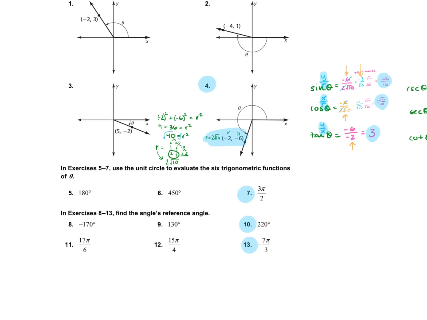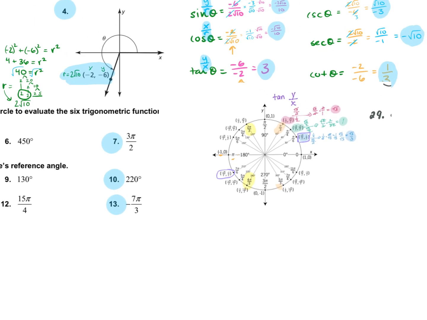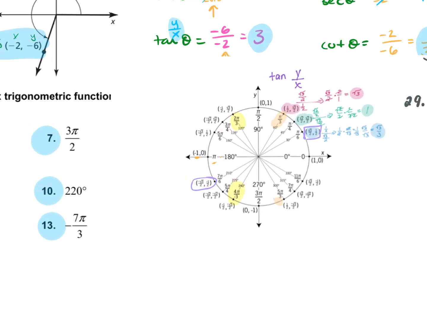The next two questions, or three questions we're going to do, 7, 10, and 13, we want to use the unit circle to evaluate. So for number 7, we want to use the unit circle to evaluate the 6 trig functions. So 7 gives us 3 pi over 2. So we want to look for 3 pi over 2 on our unit circle.